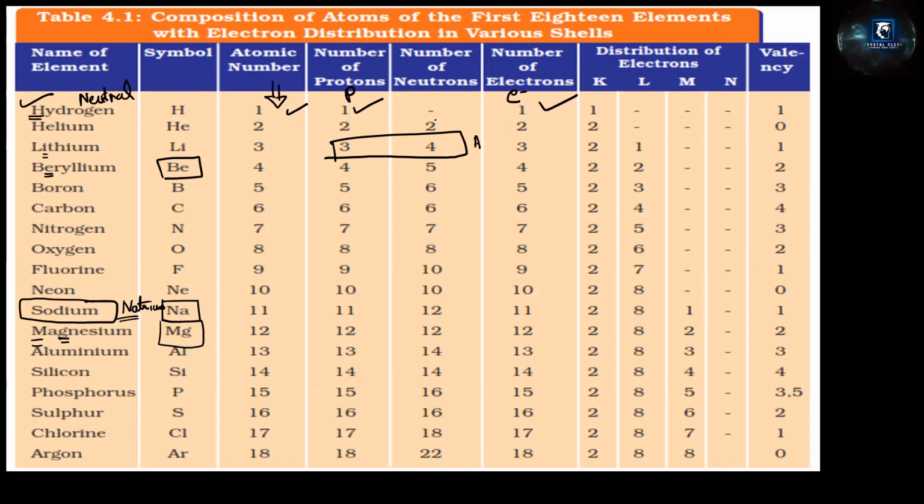When they lose or gain charge, based upon that we give a symbol. For example, we'll take sodium, for which I'll use the symbol Na plus. Now it is not an element, it is an ion. That we are going to see in the next slide, right? So this is about the proton, neutron and electron. And I told you about the shells, K, L, M, N, and how many electrons can be placed in the shells.